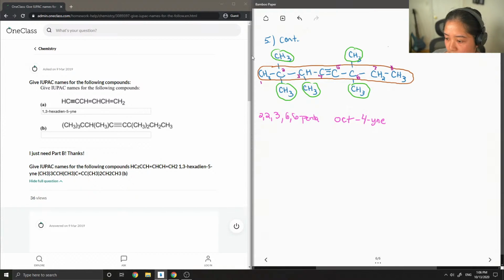Penta methyl, prefix. Okay, so our answer for this question is 2,2,3,6,6-pentamethyloct-4-yne.